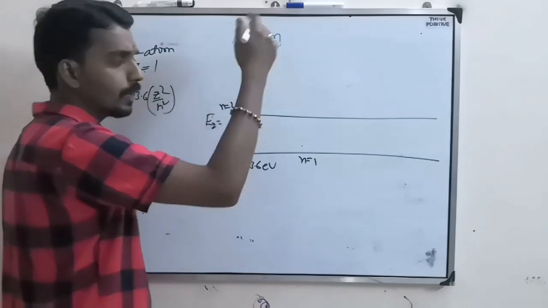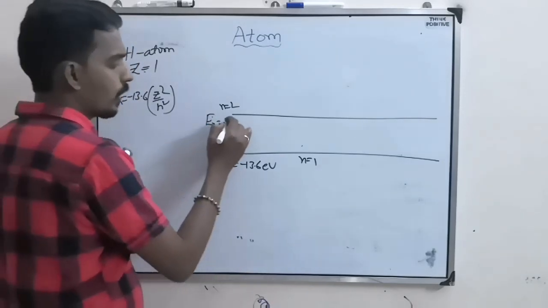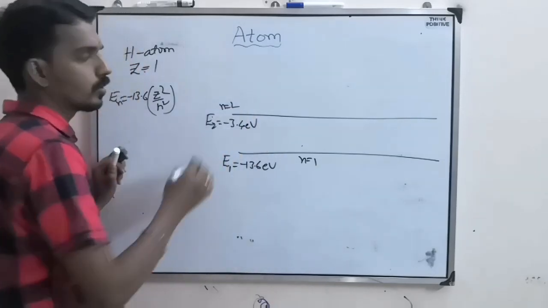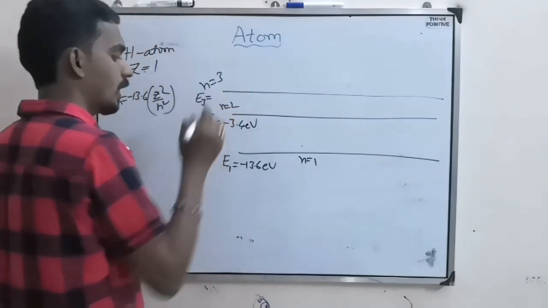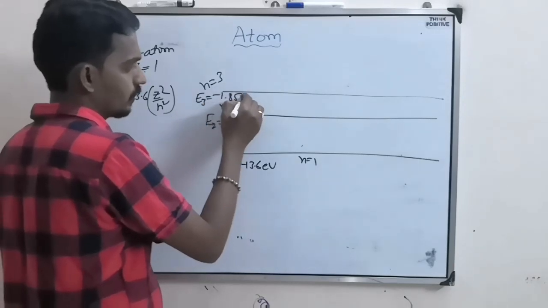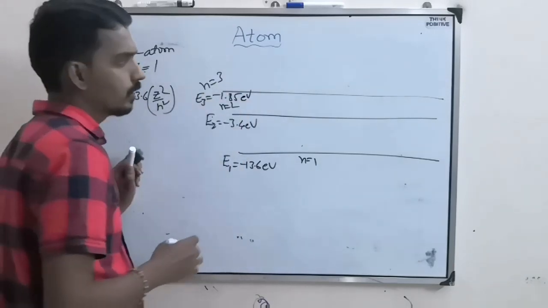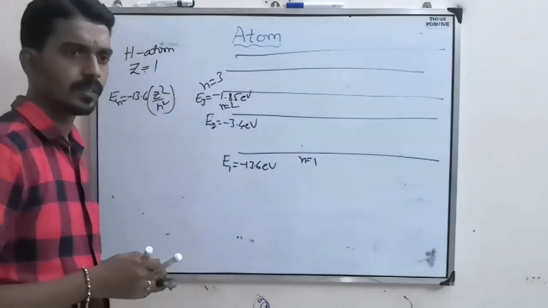You need to take different energy levels. Like that, E2 is divided by 4, which is minus 3.4 electron volt. Next, n equal to 3, that is E3, divided by 9, which means minus 1.85 electron volt approximately. So like E4, E5, and so on.